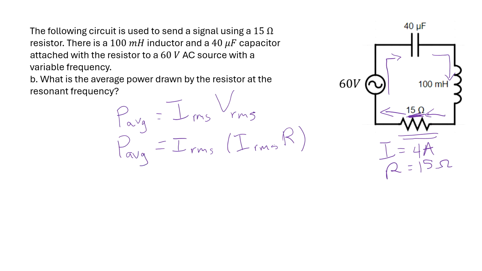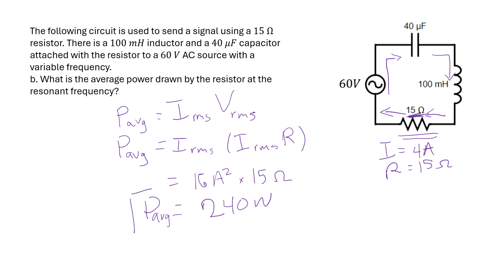So this is just I squared times R. This is 4 amps times 4 amps times 15. So let's see, 16 amps squared times 15 ohms. And this is going to be 240 watts, the power used by the resistor.